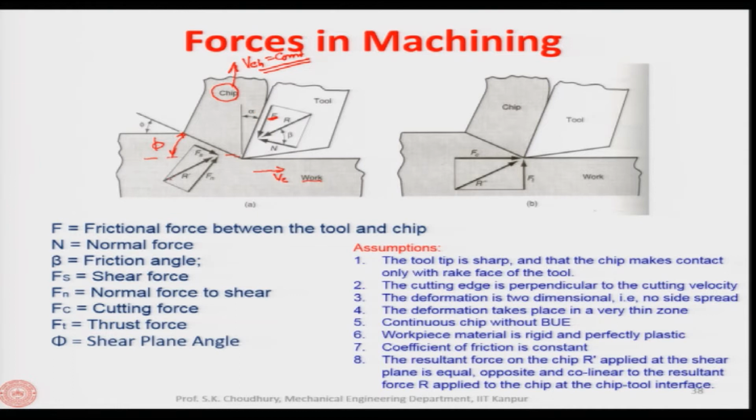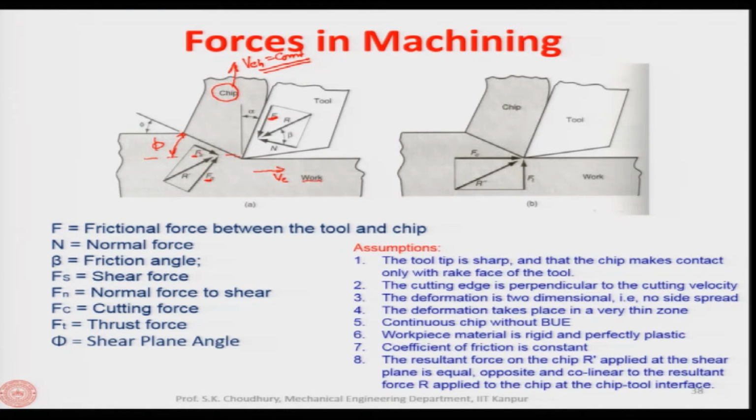Similarly, the resultant force R prime acting on the chip from the workpiece side through the shear plane can also be resolved into two components. One which is parallel to the shear plane, Fs, and another which is perpendicular to the shear plane, Fn.